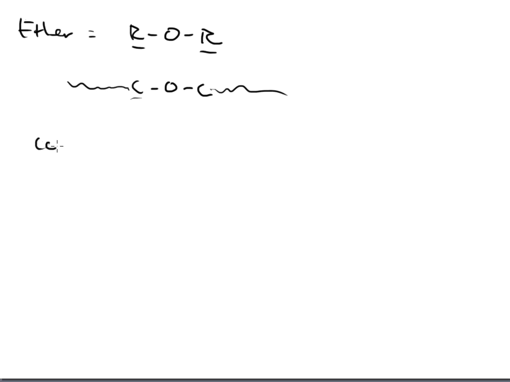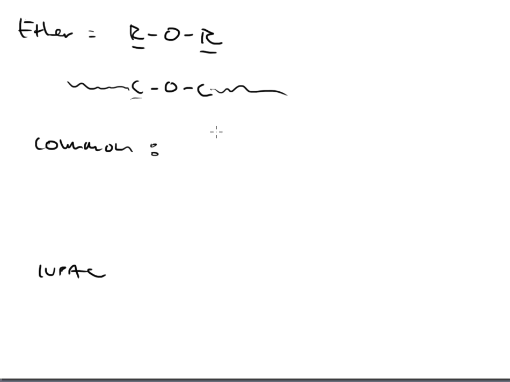Two different ways to name an ether. We have a common name, and we also have an IUPAC name. For the common names, these are a little bit easier in the world of ethers. People really gravitate toward the common names here, and you're probably screaming at this point, saying, well, I thought you told me that we're trying to get away from common names. And yeah, it's true.